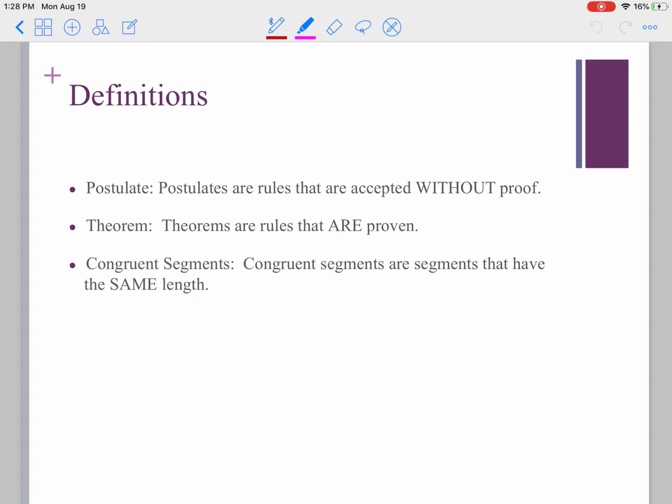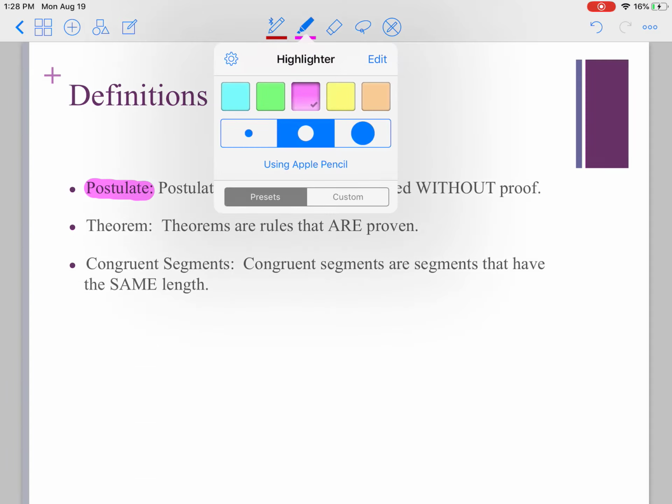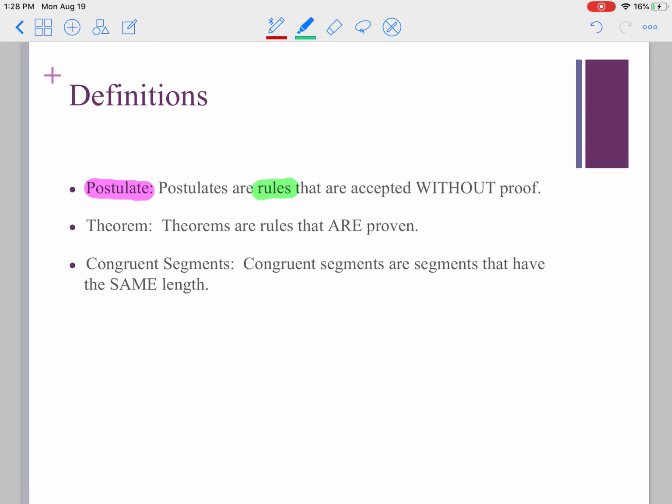So our definitions. Our first definition is for a postulate, and postulates are rules. So it's a rule, but it is a rule that we accept without proof. You do not have to prove a postulate. It is somewhat common sense.